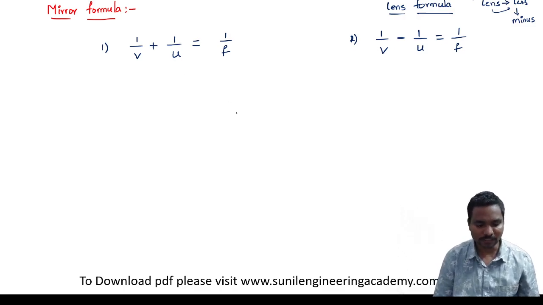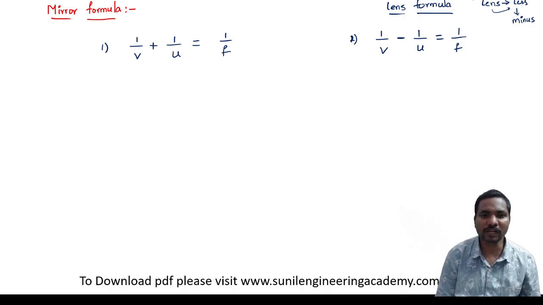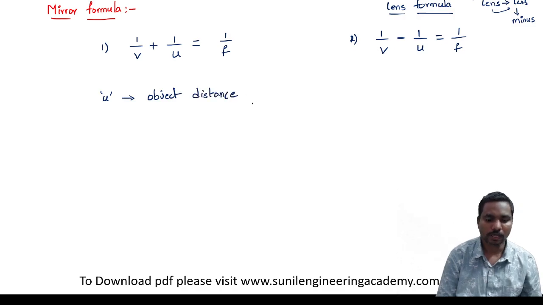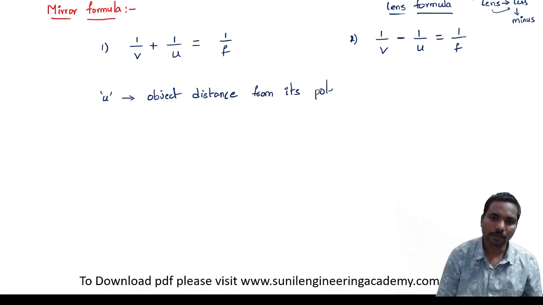So what are V, U and F? You know very well, F is the focal length. U is the object distance from its pole.